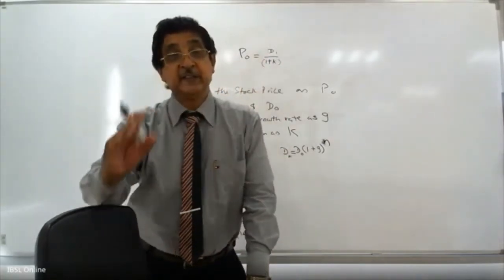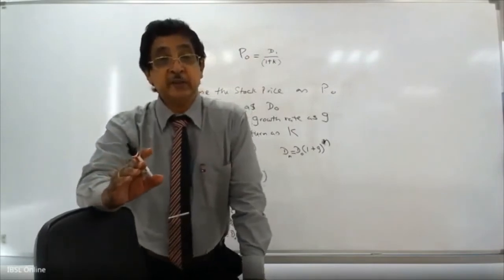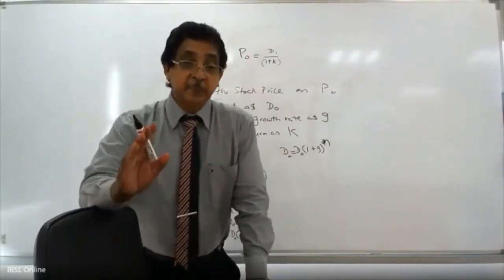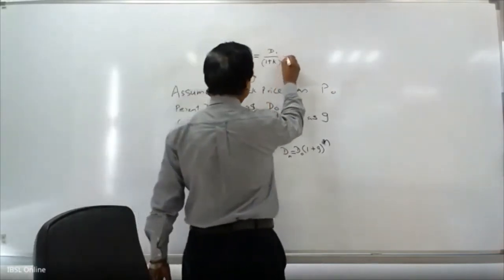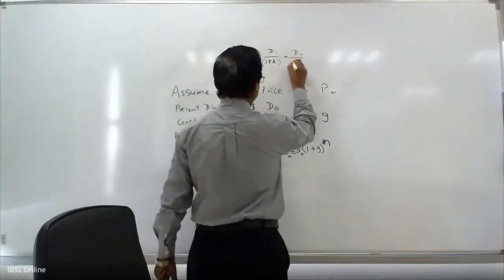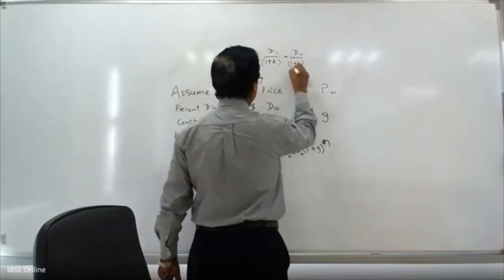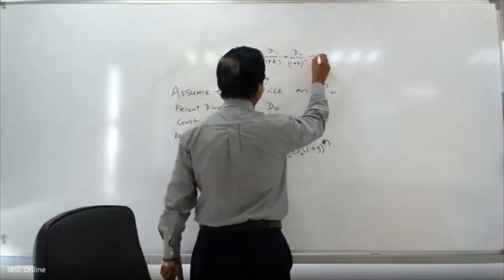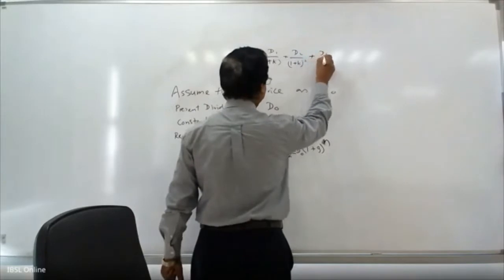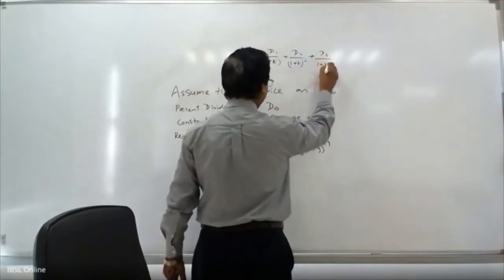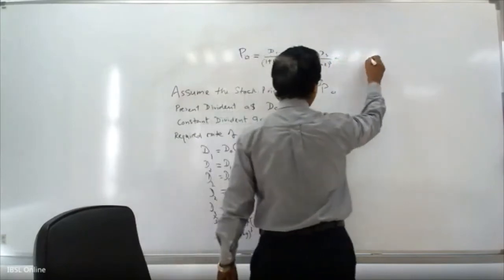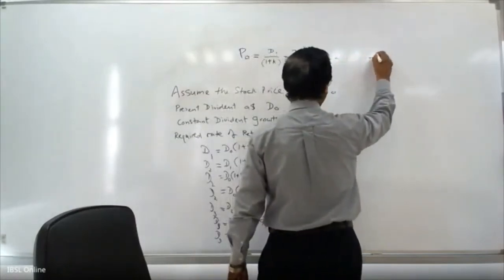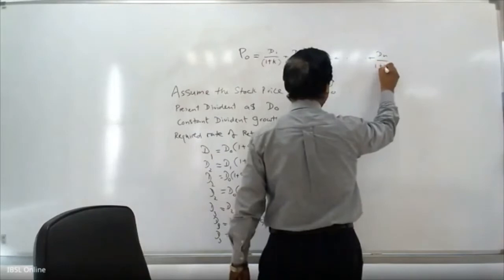The next cash flow's present value would be D2 divided by 1 plus K to the power 2. The third one would be D3 over 1 plus K to the power 3. So you go this way, and the last one we assume as Dn over 1 plus K to the power n.